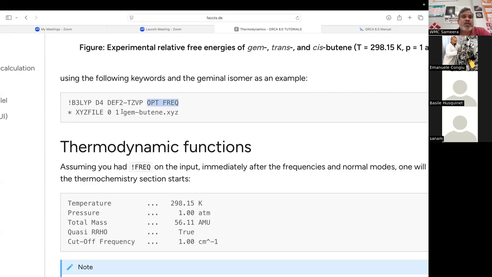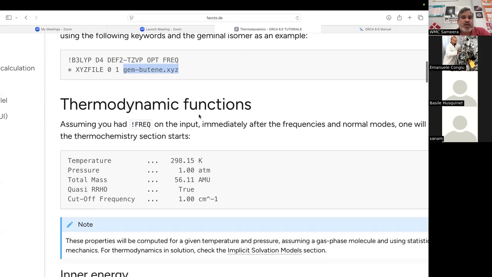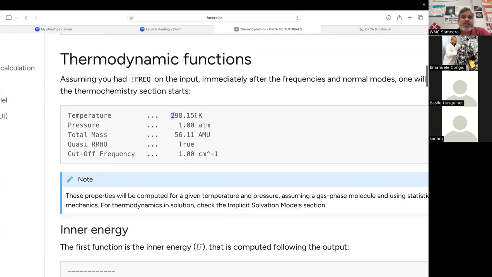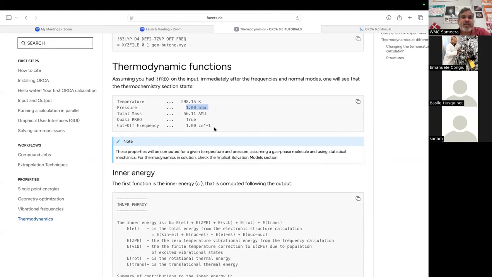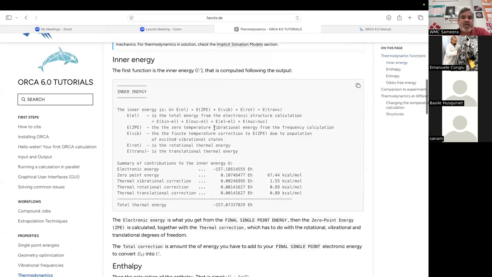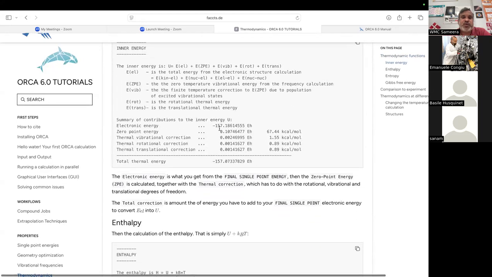Here we give the input file as an XYZ file, and you can put your structure in this. The default temperature and default pressure are applied, and then you get the optimized structure, and you get the electronic energy of your optimized structure, and you can find the zero-point energy.